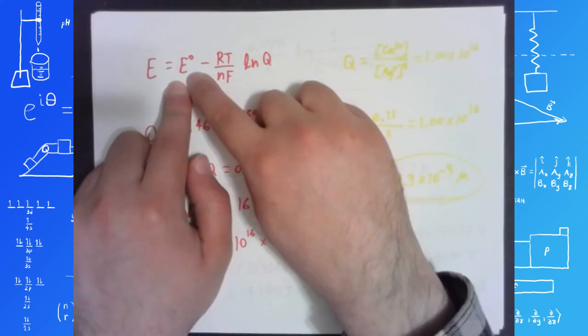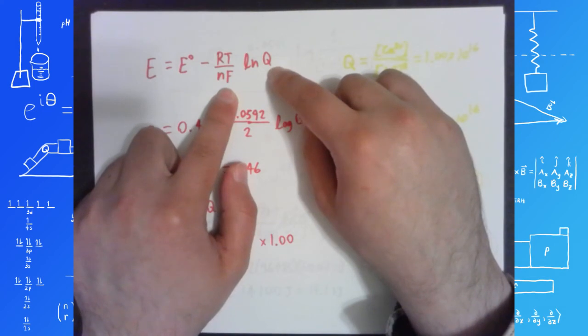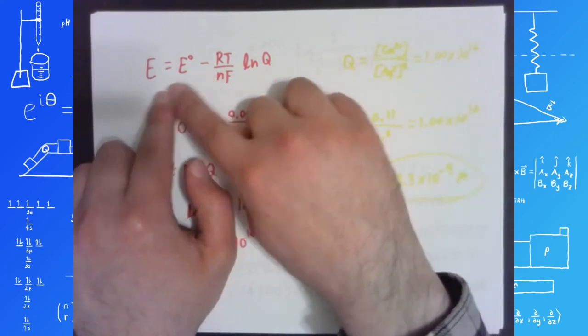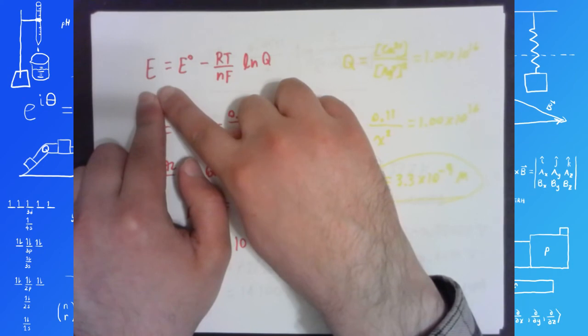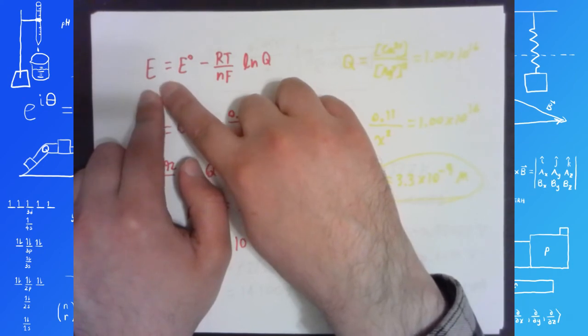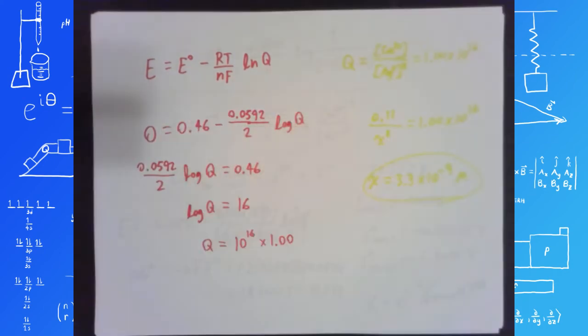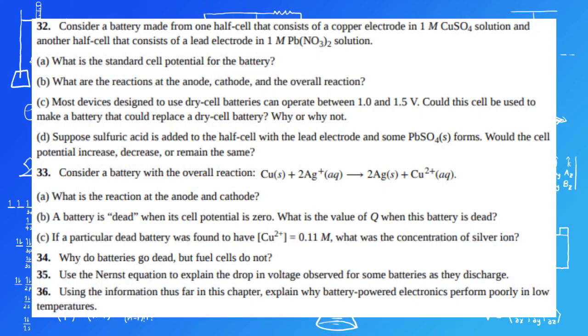So if you started with some positive cell potential, eventually this negative term would get large enough to completely cancel it out, and then you'd be at a potential of 0, your battery would be dead. Pretty simple, straightforward. Well, maybe not so straightforward. I mean, you do have to take a few leaps in logic. You kind of have to be on top of your equilibrium game to see it immediately.